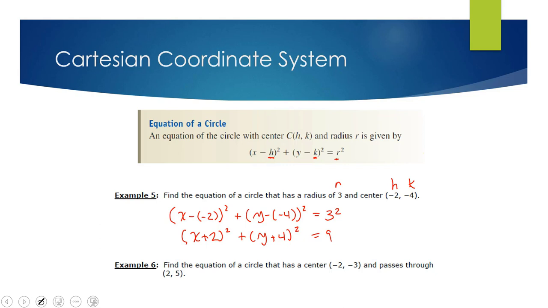Sometimes if they reverse it and say, okay, here's the equation of the circle, tell me what the radius and center are. I'll have students that'll tell me on this circle that the radius and center are at 2, 4 because they're just looking at the numbers there. Well, those plus signs are not part of the defined structure of the equation of a circle. I should have minus signs there. And if I don't have minus signs there, that means that something occurred to make them change to a plus sign.